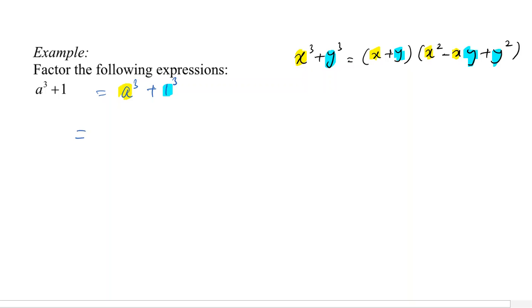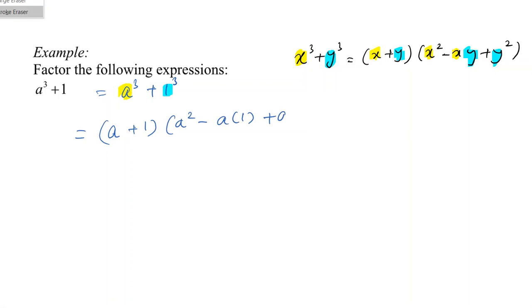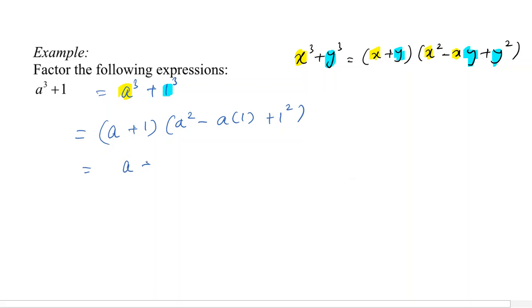So in this case, it should be yellow plus blue, yellow square minus yellow times blue plus blue square. And once we do that, we have a plus 1, a square minus a plus 1 as our factors.